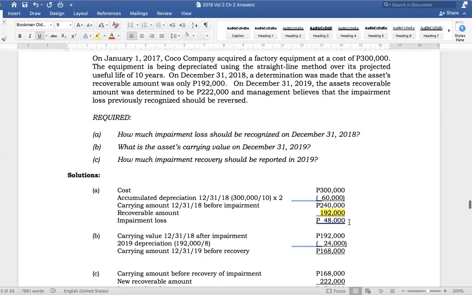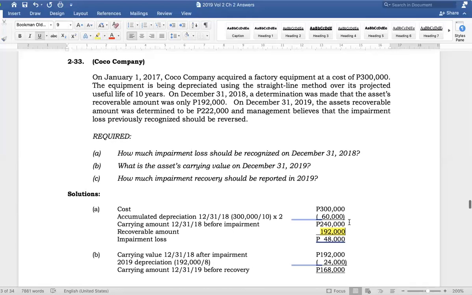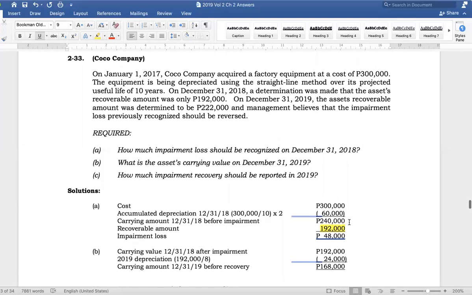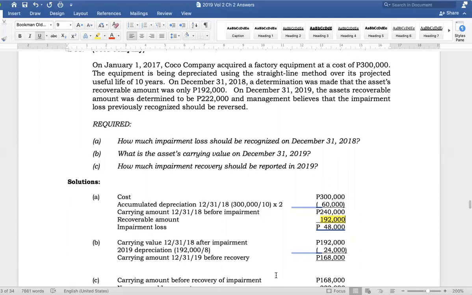So, when we compute depreciation for 2019, the year after, your basis will now be 192,000. So let us compute for the carrying amount at December 31, 2019 before impairment, before recovery.